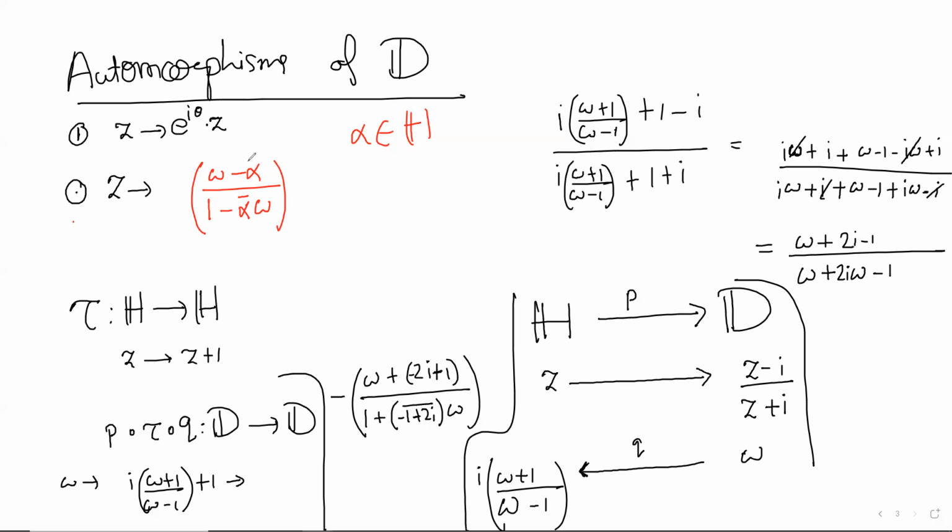But then we need proper conditions on alpha, right? If alpha is in the upper half plane, then it's fine. Sorry, so what should be the condition on alpha? We will be taking minus of alpha, so this is minus this plus 2y, so it is in the upper half plane.